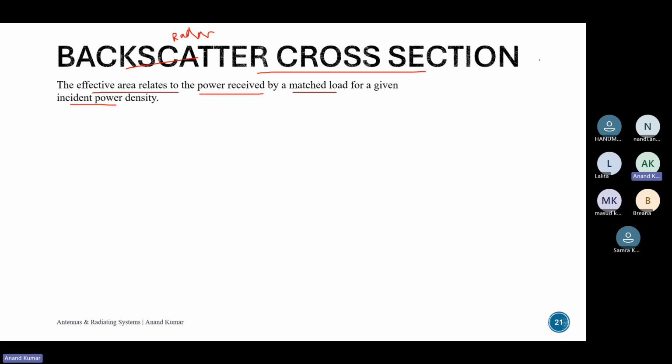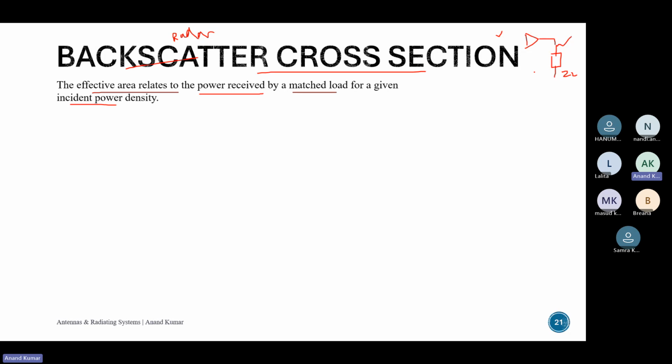If you intend to receive power in some load, you'll match the load and make sure that there is no polarization mismatch, and you have an antenna. So this is the case when we intend to receive the power.